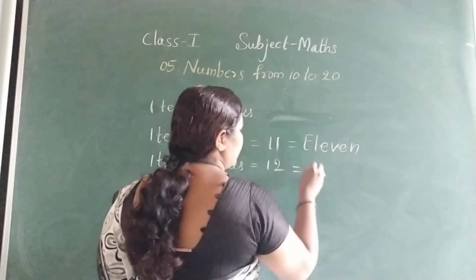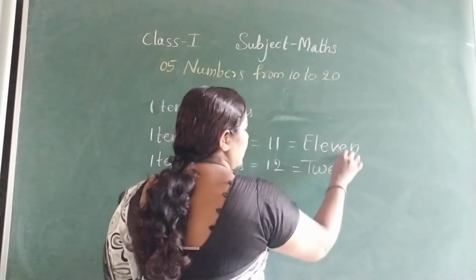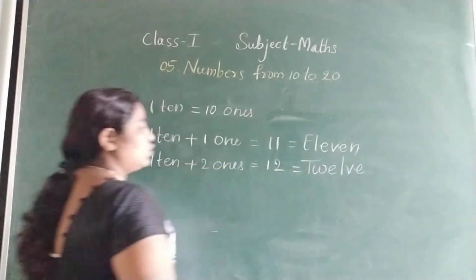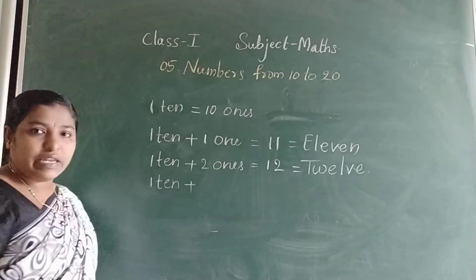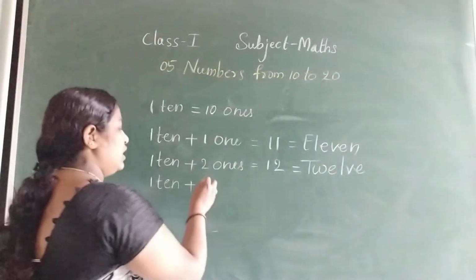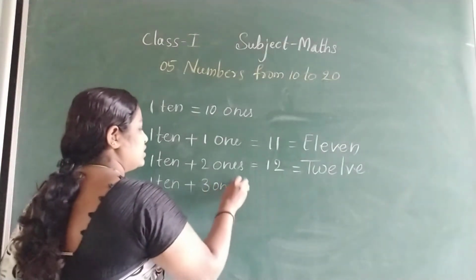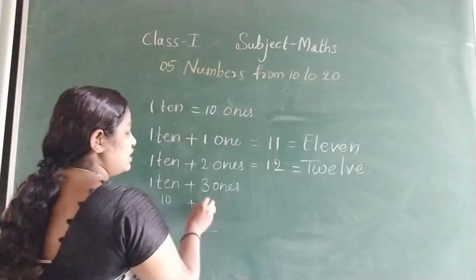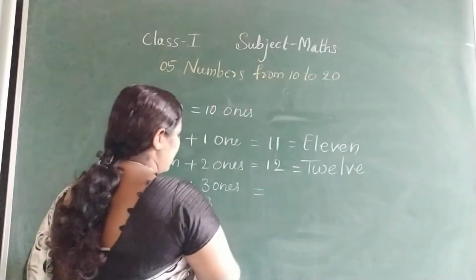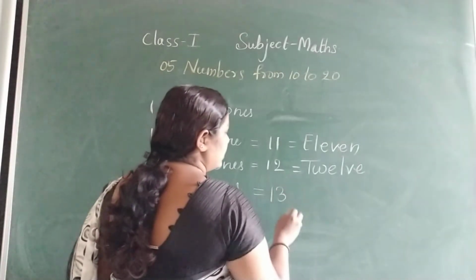E-L-E-V-E-N, 11. T-W-E-L-V-E, 12. 1 ten means 10 plus 3 ones. So 1 ten is nothing but 10, plus 3 ones is nothing but 3. So 10 plus 3, 13.